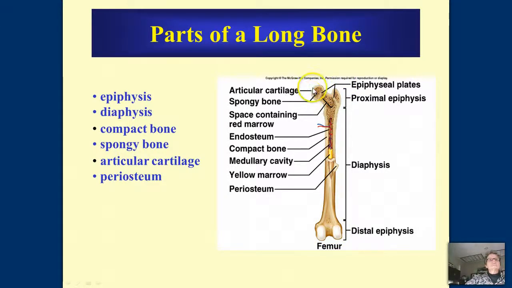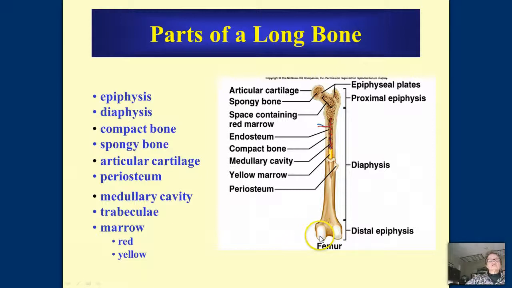So on this surface of the head of the femur here, we have articular cartilage. It stops about right there and about right there, just the part that articulates with the coxa, the acetabulum of the coxa, the depression in that hip bone. Just the part that articulates with that would have the articular cartilage. Just this part of the femur that articulates with the tibia would have articular cartilage.